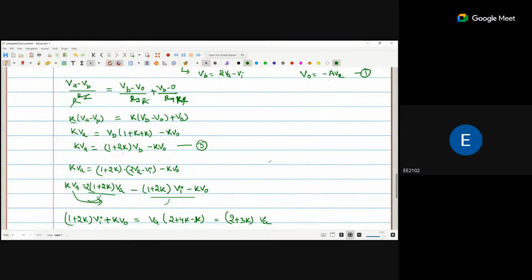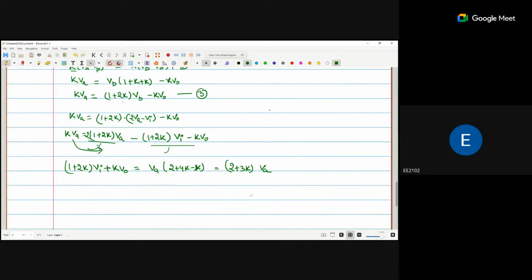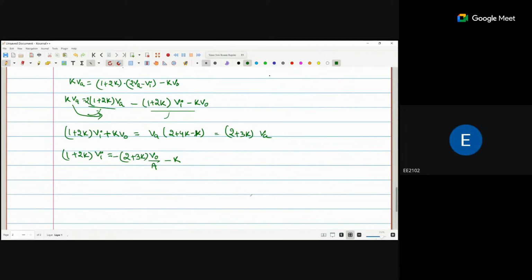VA is nothing but minus V naught by A. So (1 plus 2K) times Vi is equal to (2 plus 3K) times minus V naught by A, minus K.